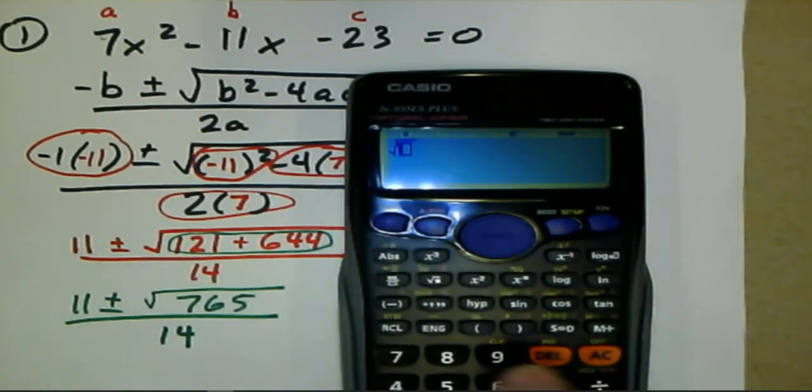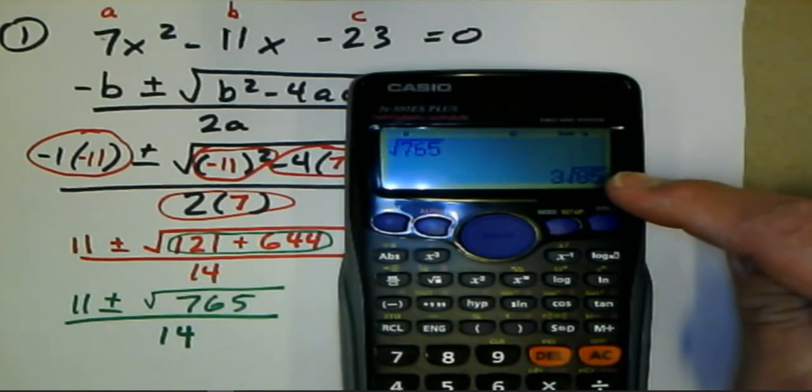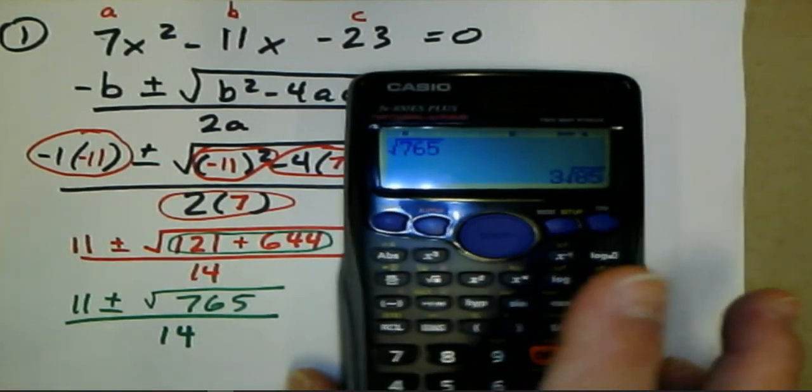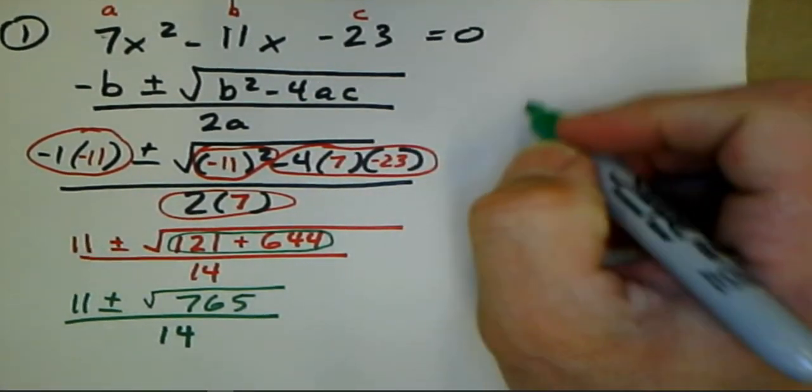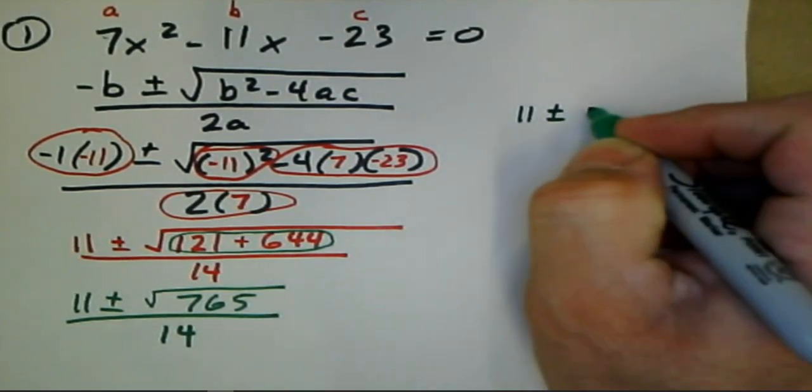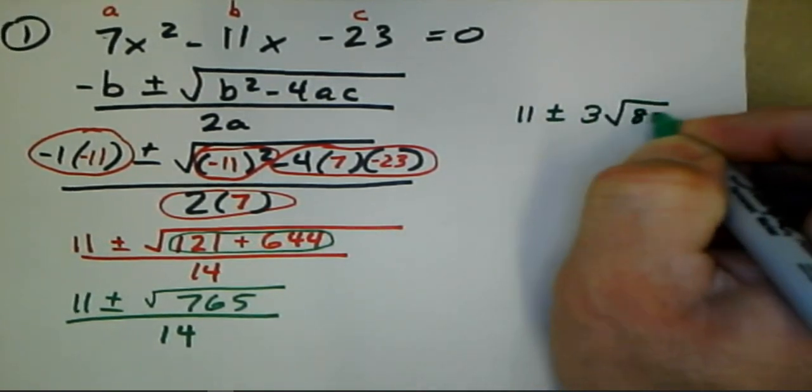So it looks like that. Hit 765. Now, this is not going to be a perfect square root. But the great thing about the calculator you have here is it breaks it down for you. 3 square root 85. So you need to come over here, put your 11, your plus, your minus, the 3, and square root of 85.